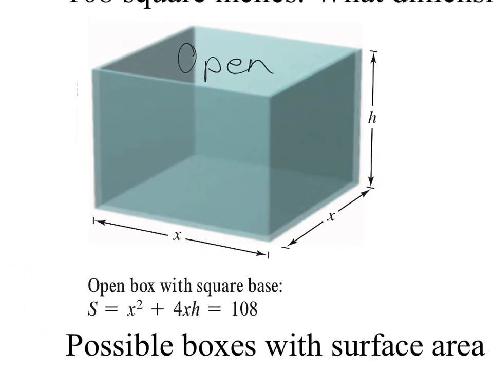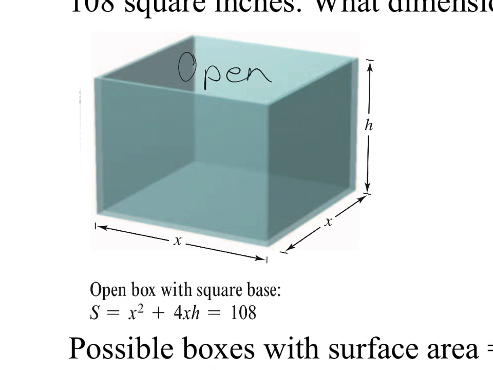Now, as you could see here, what we have is a surface area of x squared plus 4xh equals 108. Now, where did the x squared come from? That's the area of the bottom. So this bottom part has an area of x squared.